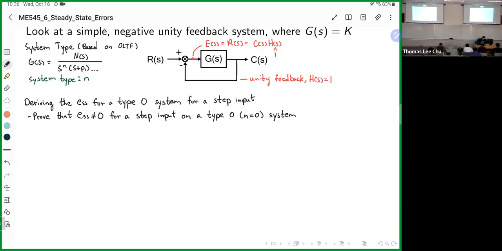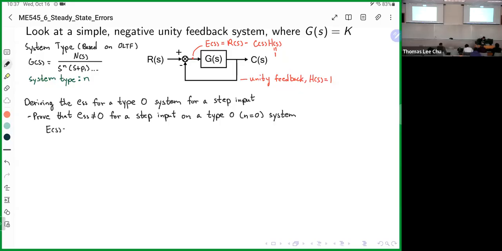Okay, so for step input, actually, regarding this statement, what we're trying to prove is this.